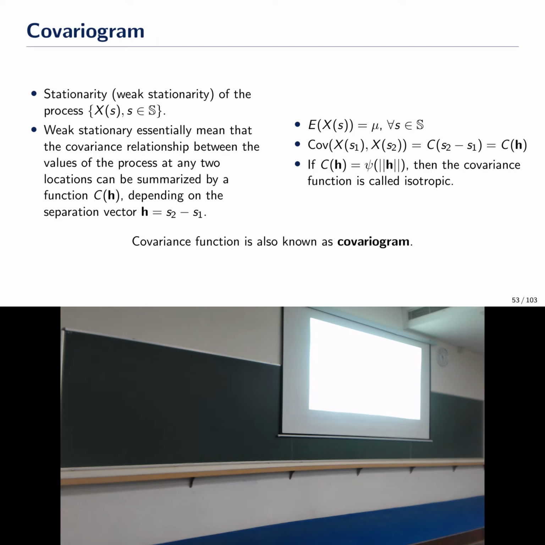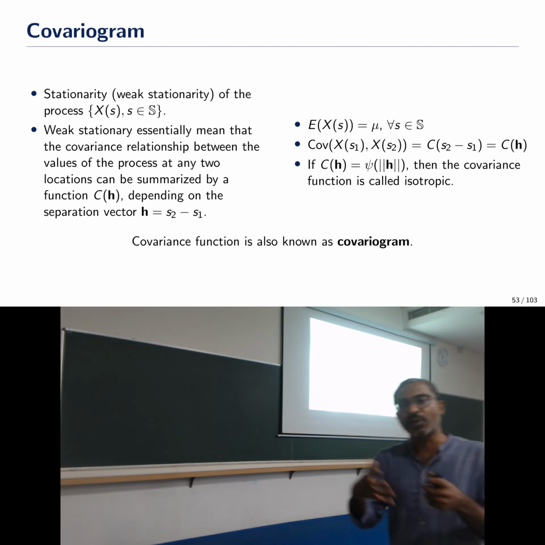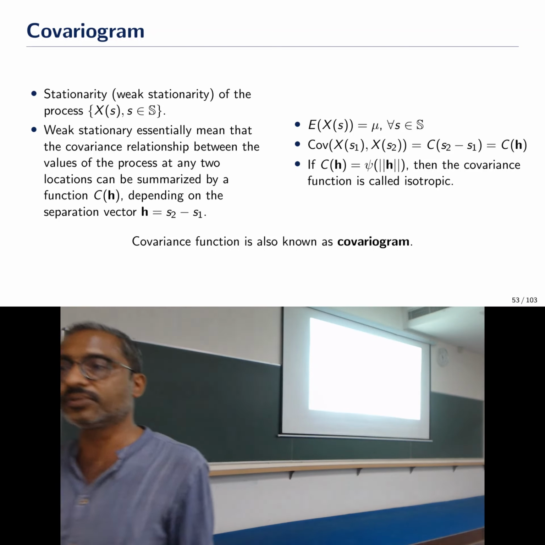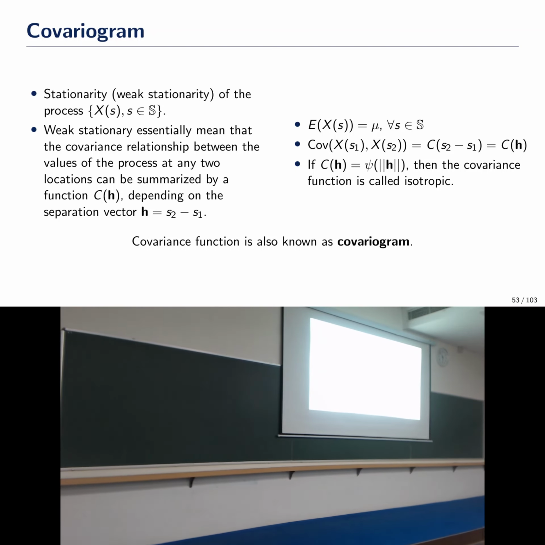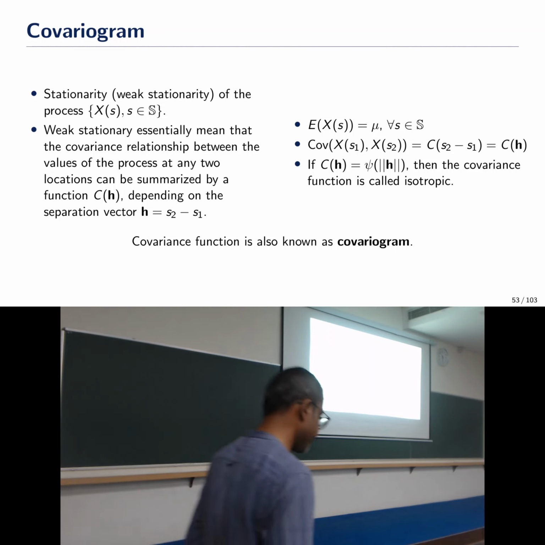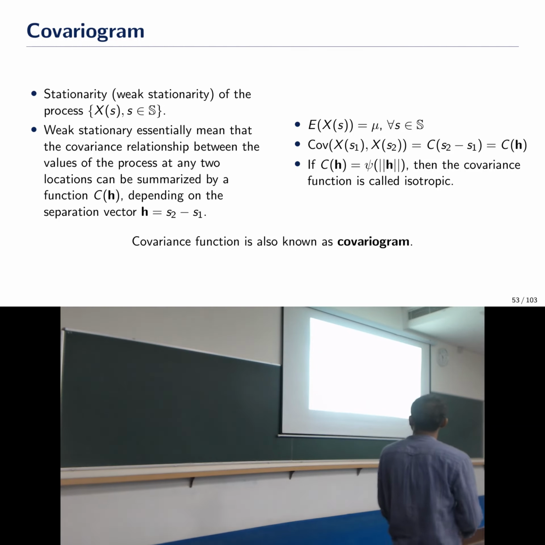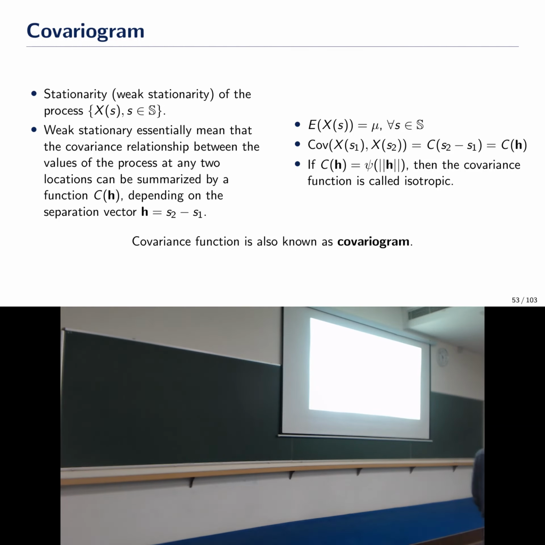Some way I have to restrict it, and one way to do that is to introduce stationarity. There are a couple of types of stationarity. In this talk, I will cover weak stationarity, and intrinsic stationarity I will come to later.